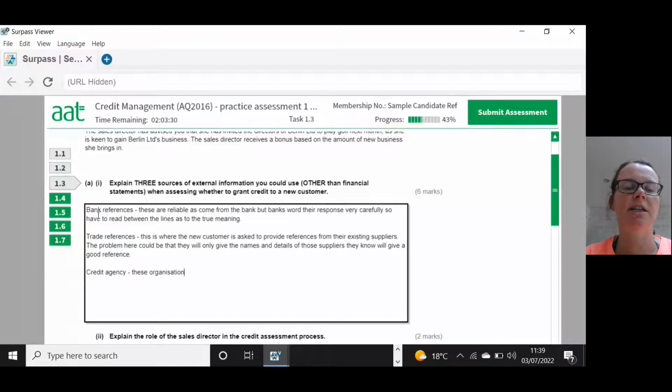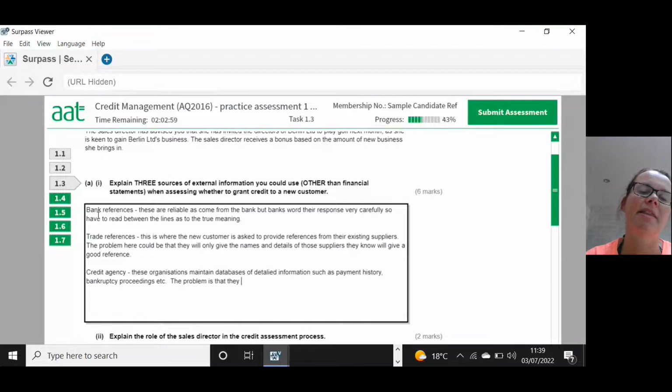So these organisations maintain databases of information, so detailed information, such as payment history, bankruptcy proceedings, etc. The problem is that they may be out of date or sometimes relate to the wrong individual or business.